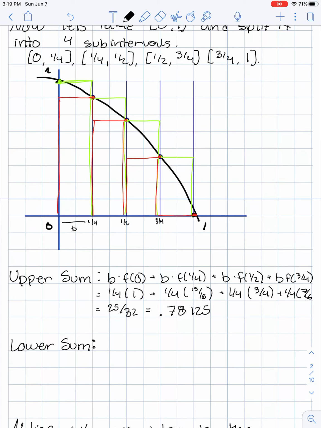So the lower sum: b times f of 1/4, because that's the lower out of f of 0 and f of 1/4, plus b times f of 1/2, plus b times f of 3/4, plus b times f of 1.